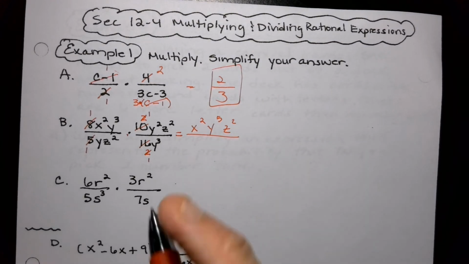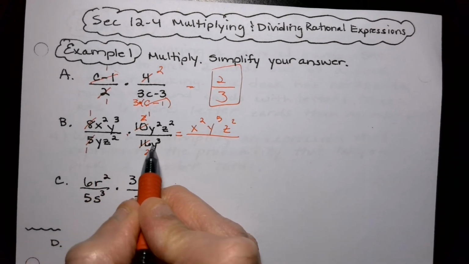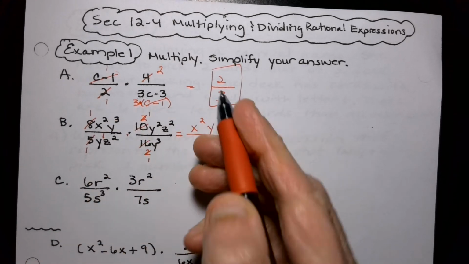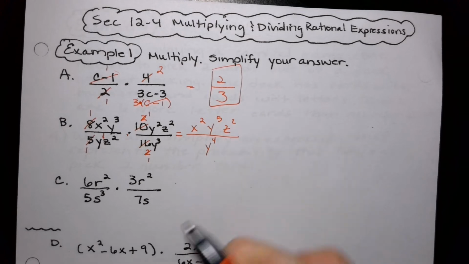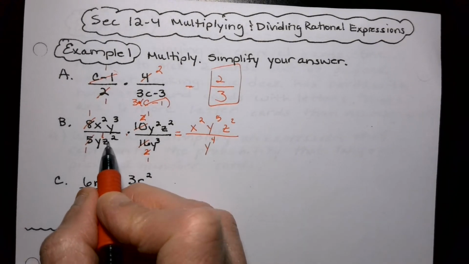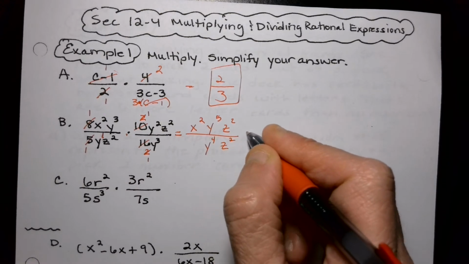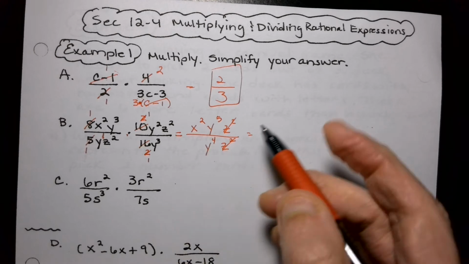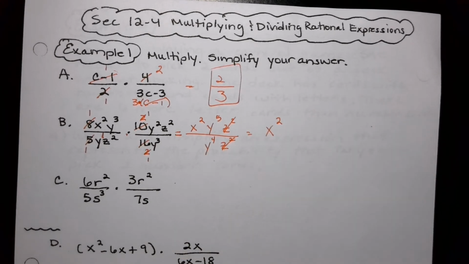Let's do the same in the bottom, just to get things together. Okay, we got a y to the 1, don't forget it's a 1. Y to the 3rd is y to the 4th. I'm just going to put it right underneath it, because it doesn't matter the order since they're multiplied. And z to the 2nd. That makes it a little easier for you to see what's going on, because it's very clear right now that z to the 2nds are gone because they're exactly the same, and there are no other x's, so that's just going to stay.